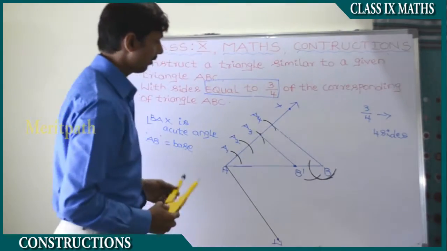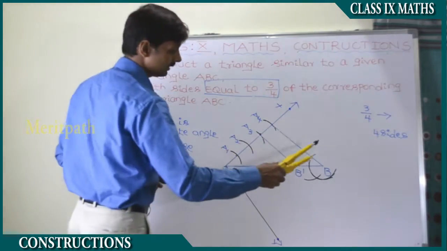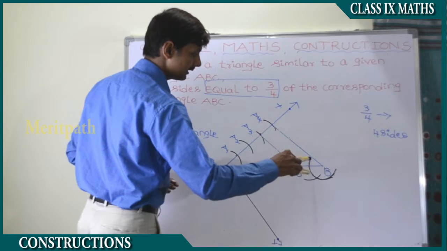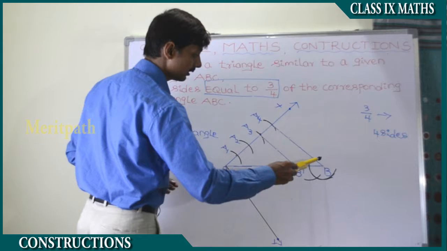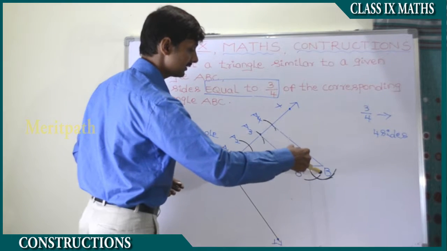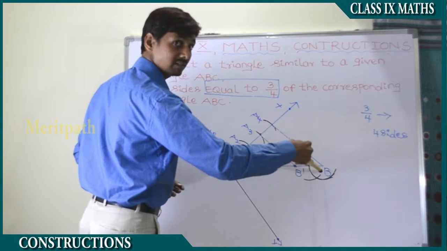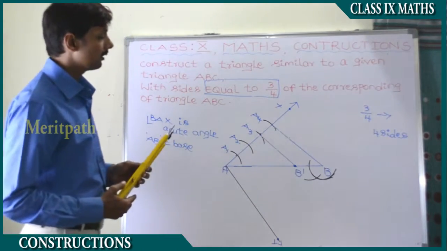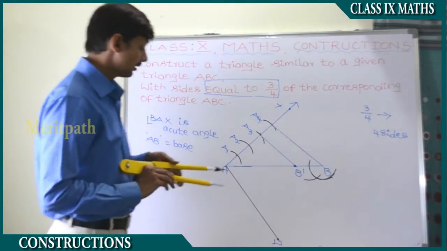Where the arc intersects, we took that point, and using the same radius we intersected the same arc. We got this point.